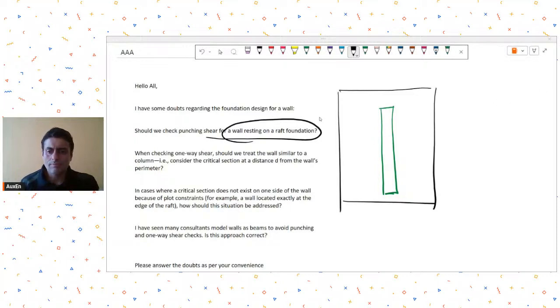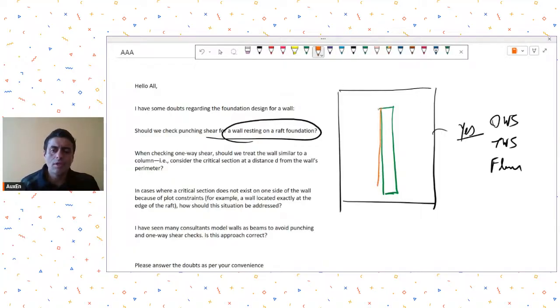Now he is asking, should we check? So yes, you should check for one-way shear, for two-way shear, and for flexure. The thing is that generally you will see that because of the shape of the wall and because of the relatively large perimeter that it has, the two-way shear or the punching shear may not be the critical action.